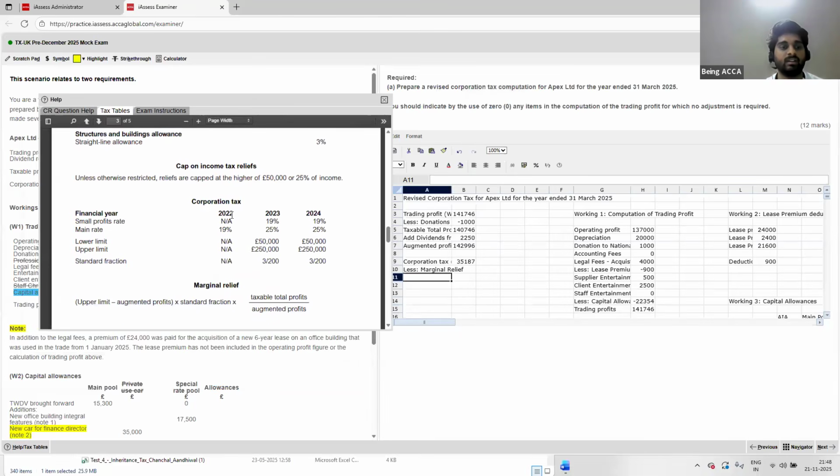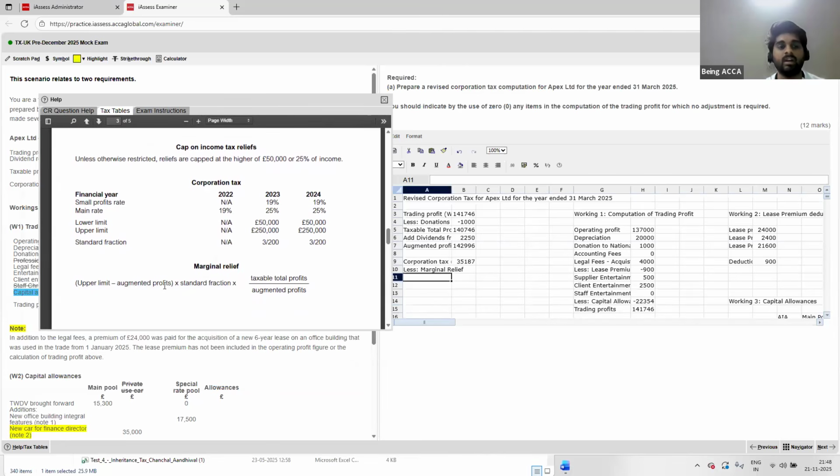So here we can see the marginal relief is the upper limit minus augmented profit. What is the upper limit? The upper limit is 250,000, because there are no other associated companies, so the limit will not be affected. So 250,000 minus the augmented profits, into the standard fraction.